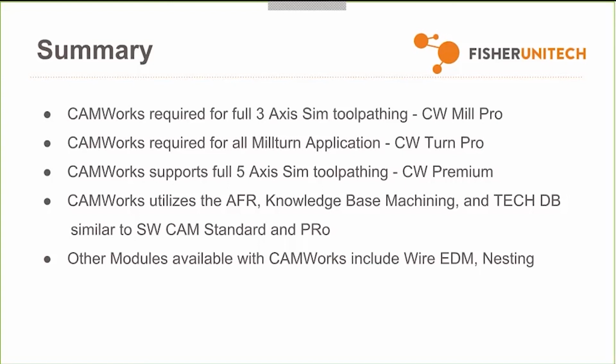So if your capabilities expand past just Z and X turning, then CAMWorks Turn Pro is going to be the solution. And once we get to 3-axis simultaneous machining, and then we step into 4- and 5-axis simultaneous, then CAMWorks Mill Premium would be the product that you would need to support those capabilities.